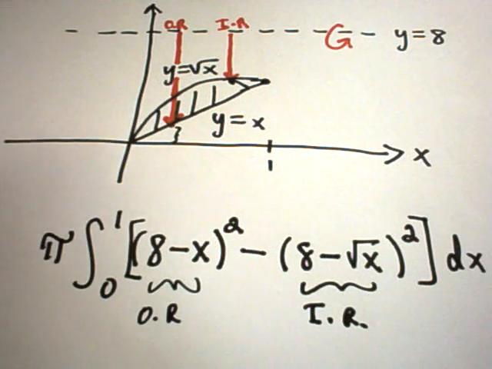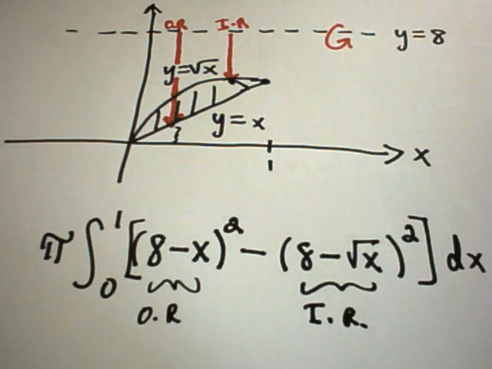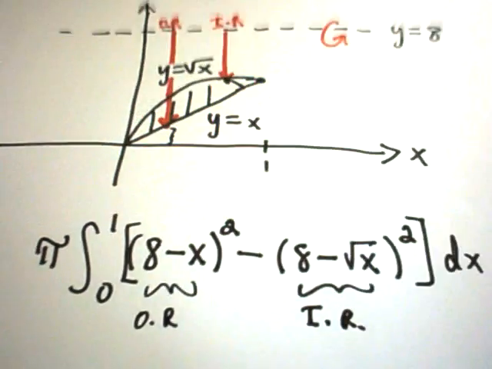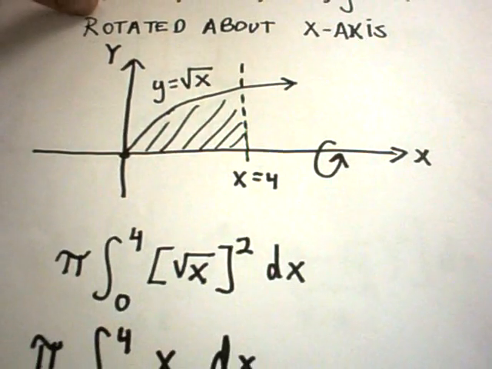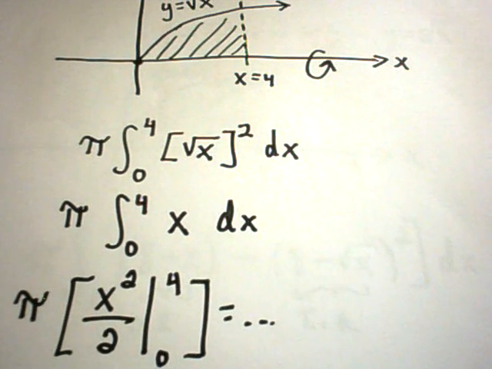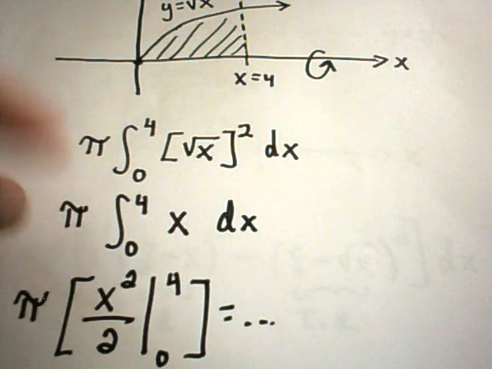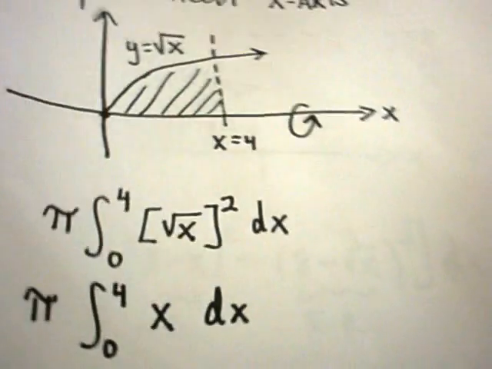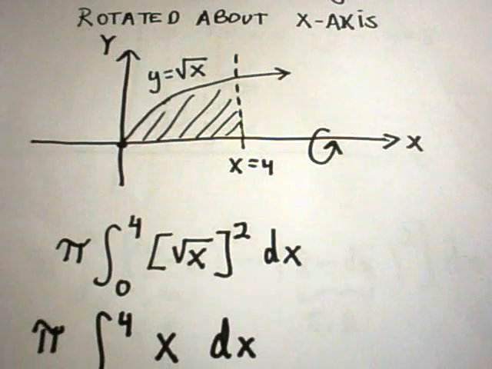And also, notice if you're rotating about the x-axis, you don't have to subtract really anything off. There was no outer radius or inner radius, at least for, well, I should be even more careful. That's not true at all. What I meant to say is, when you're rotating about the x-axis, where'd my example go? I've misplaced them all. Basically, here we go.